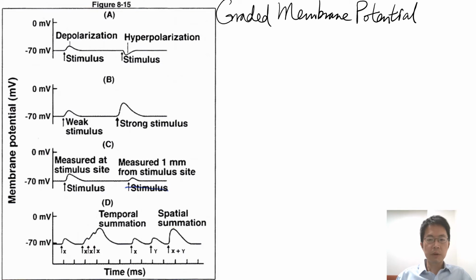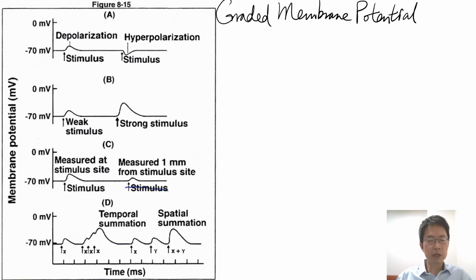Now, what about graded membrane potential? Graded membrane potential is when the neuron deviates from homeostasis, but just a little bit. What's the difference between graded membrane potential and action potential?